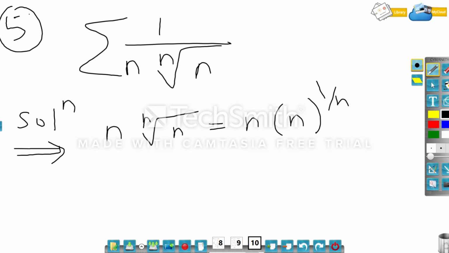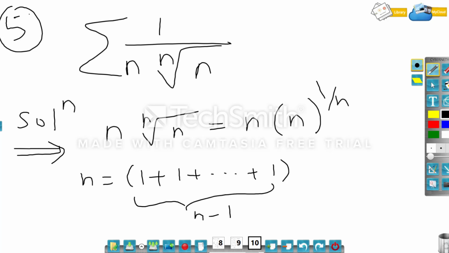Now what I will do is as follows. I know that this n can be written as 1 plus 1 plus 1, n times. This n is always greater than or equal to 1. Now what I will do, I will raise by power 1 by n.